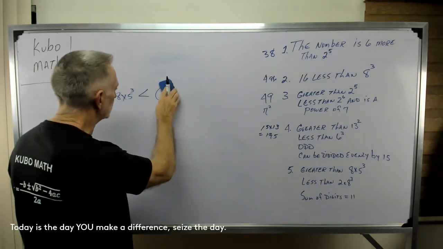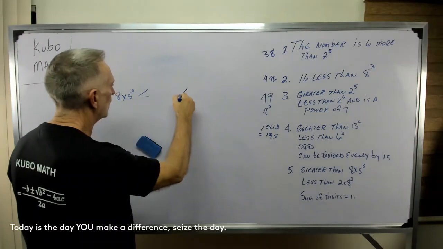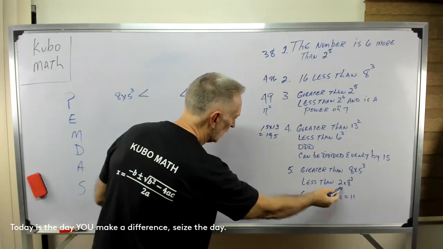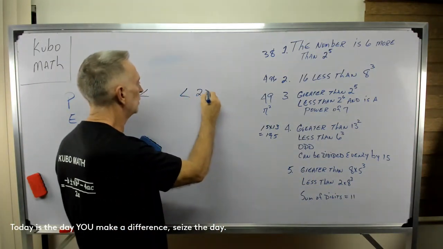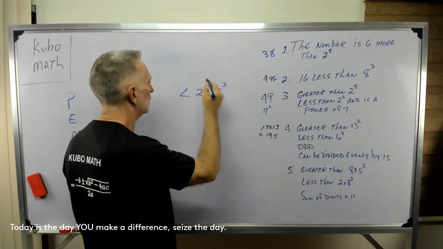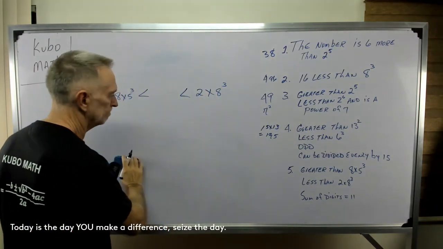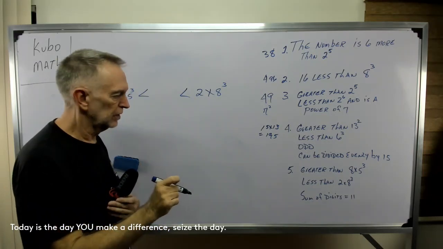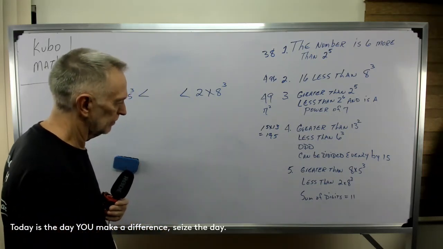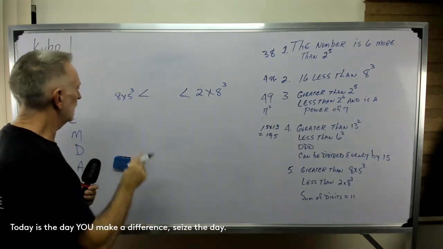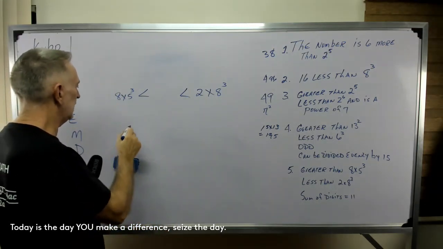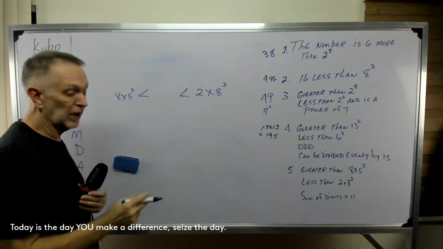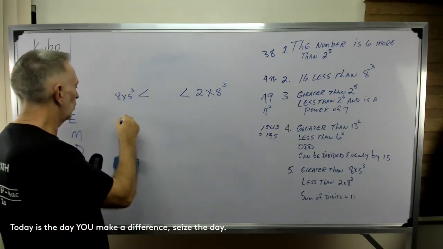But it's less than 2 times 8 to the third, and the sum of the digits equals 11. Okay, here's the key to this. 5 to the third is 125.